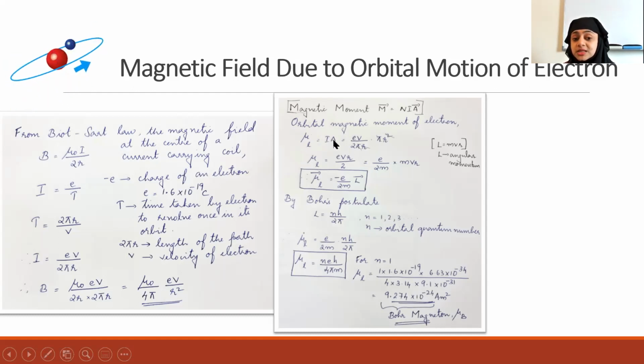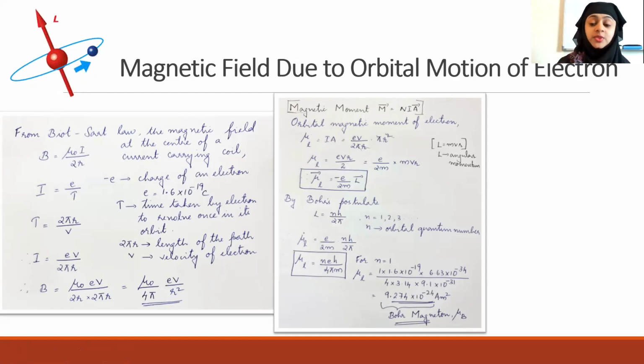From where did I get this expression? We already defined magnetic moment M is equal to NIA, where N is the number of turns in the current carrying coil. Here we are considering one single electron revolving, so we can consider that as one turn. So we took N is equal to 1.